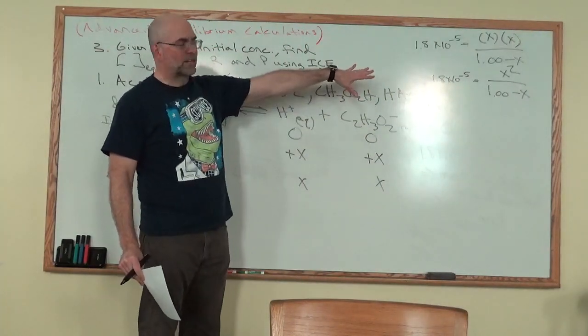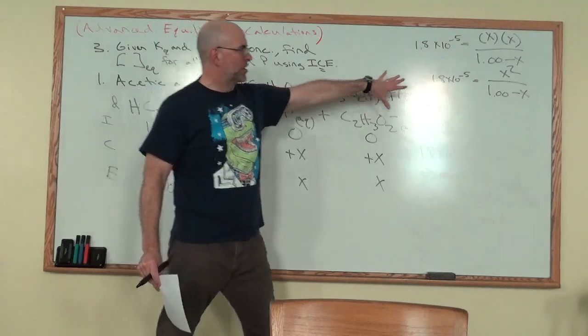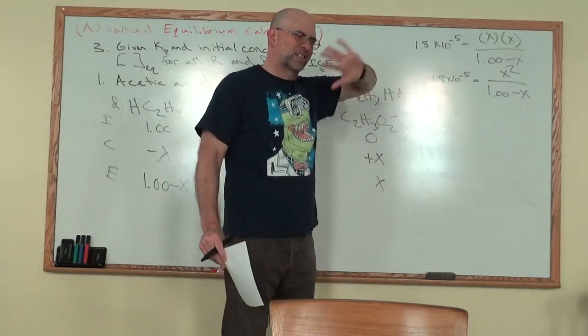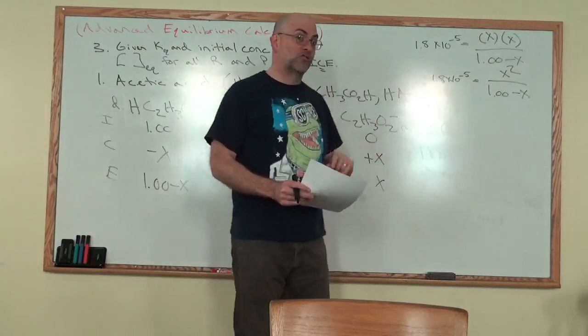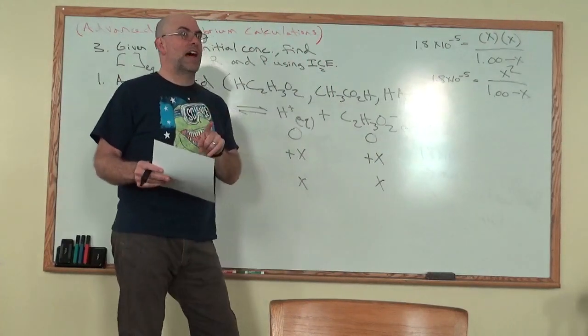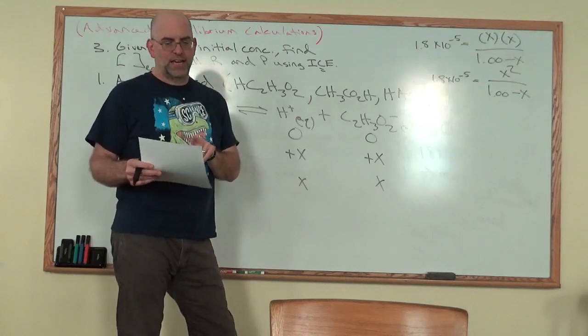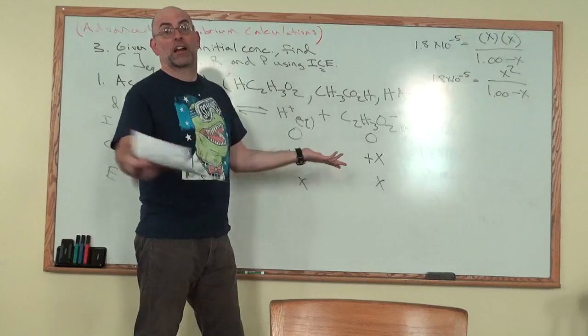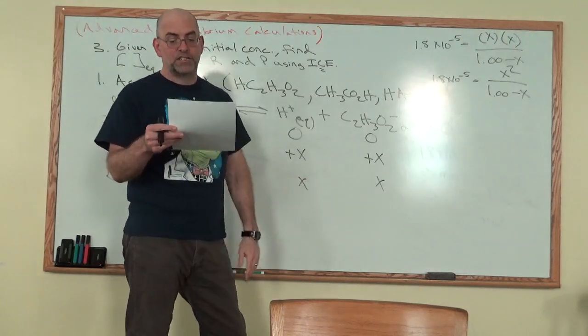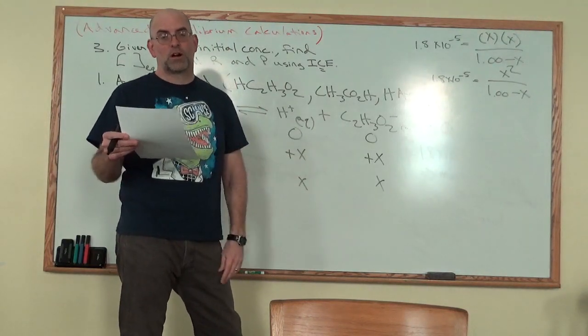Oh, by the way, I'm ignoring units for now. I'm not putting molarities and all that stuff. This is going to confuse things. All right, so you may look at this. We could solve this with the quadratic equation. In fact, I would do that for practice, if you know how to do it. Oh, you know what? I forgot. I'm looking at my own notes. I'm going to do this two different ways. I'm going to do this with the quadratic equation.